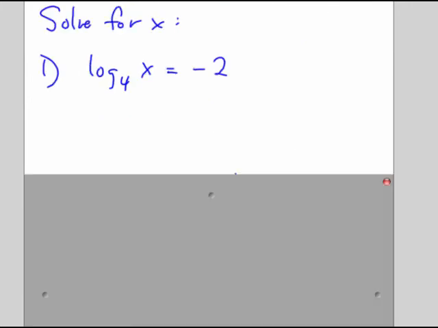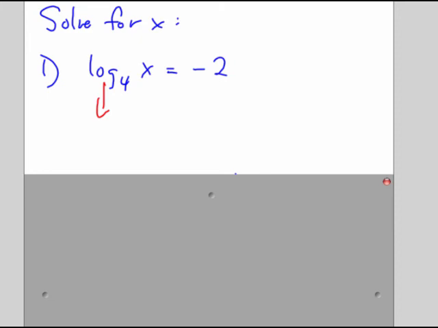All right, let's apply our understanding of logs to the solving of some simple equations. All right, so most of the time when you solve an equation, what you're going to do is apply the definition. So I have a log here, so I'm going to turn this into exponential form since I'm more familiar with working with exponential form.